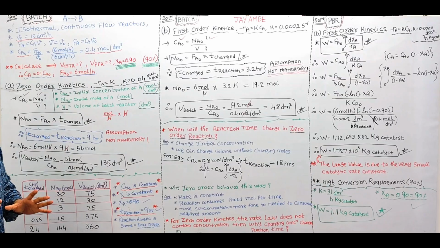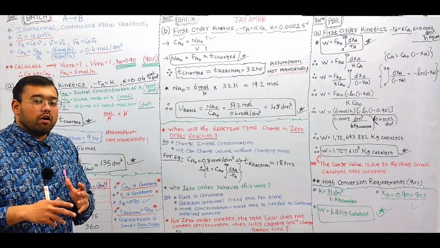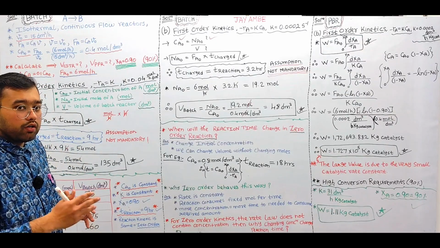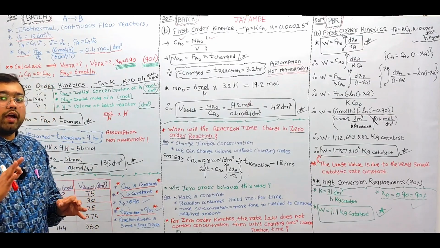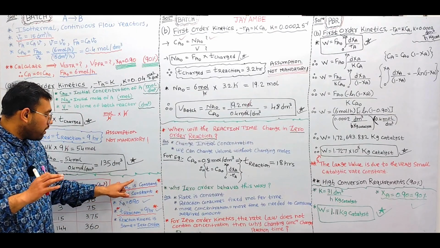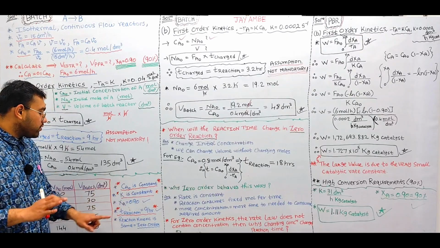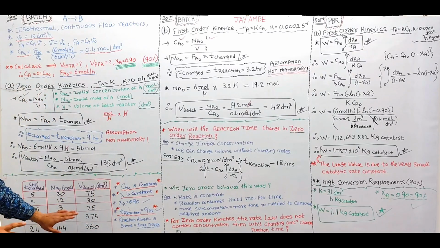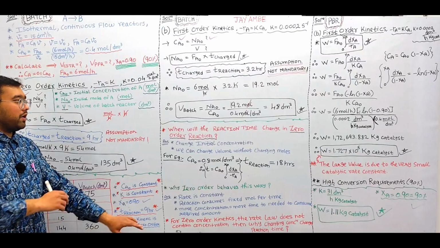For all the cases we require 9 hours of reaction time in order to achieve the 90% conversion of reactants into product, where the initial concentration and the rate constant value are constant. I hope you understood, right? So we have completed this part.